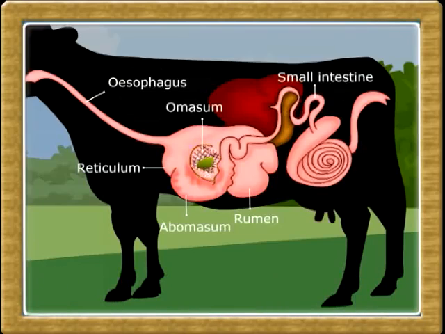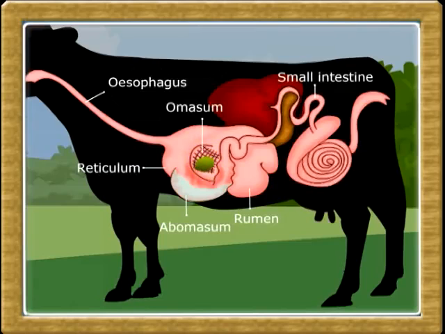Internally, omasum is thrown into a number of folds to increase the absorptive area. Absorption of the digested food begins in this chamber where the water and bicarbonate present in the food is absorbed.